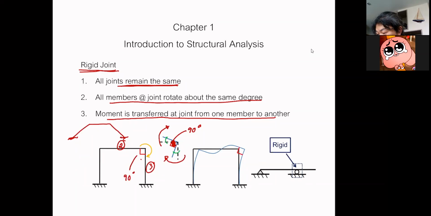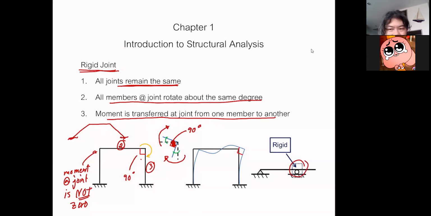Okay. So it's very important to know that moment here at the joint is not 0. You can think of the rigid joint as part of the overhanging beam. Okay, because at this point, you have moment at this support, right? Because this is also a rigid joint.